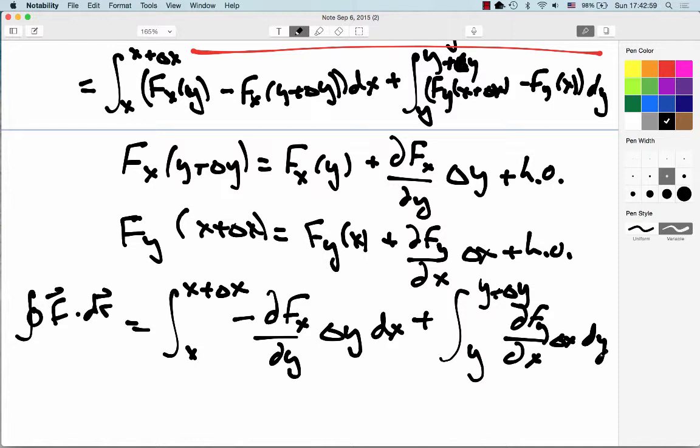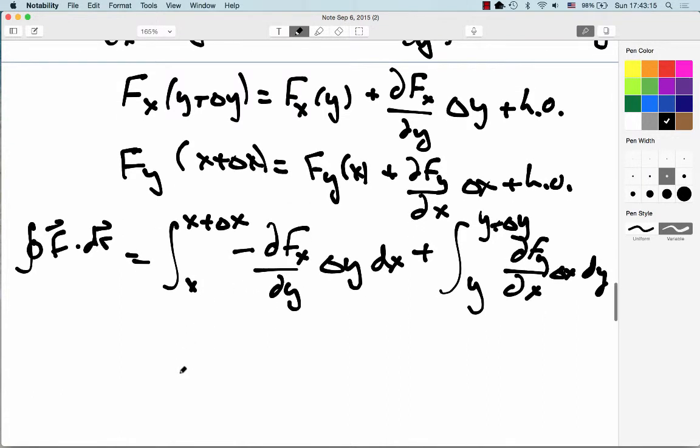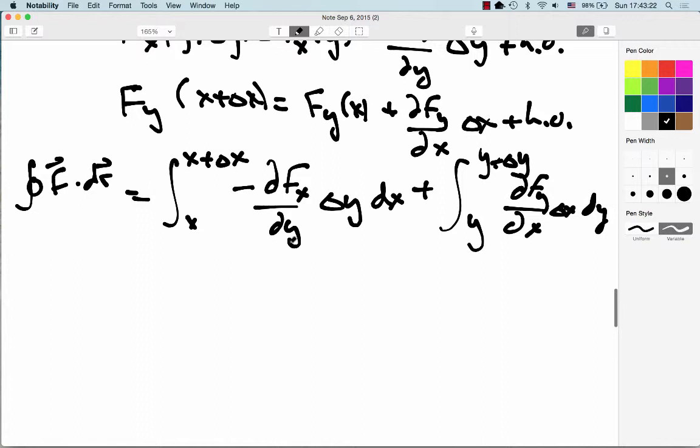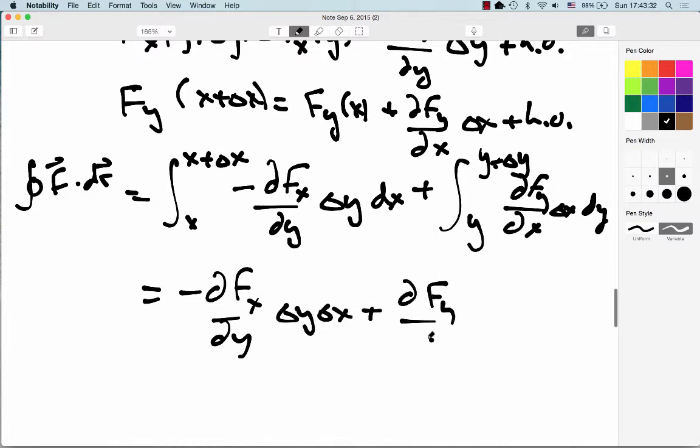So now when we go ahead and evaluate this, it's over a small enough interval that this partial derivative, remember, we're evaluating this partial derivative at a point. So the integral over dx is just going to turn into a delta x, and the integral over dy is just going to turn into a delta y. So I get minus partial fx partial y delta x plus partial fy partial x delta y.